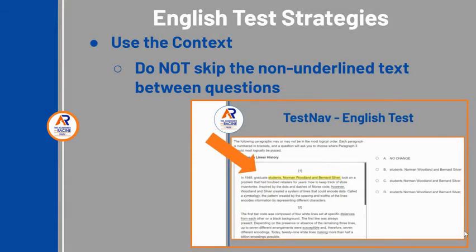Okay, this means do not skip the non-underlined or highlighted section of the text that comes between questions. You do want to read the entire passage, just not all of it up front before tackling questions. So as you're trying to answer this first question, you should read at least the sentence, maybe 2, around that highlighted area to get the context of what they're asking for.